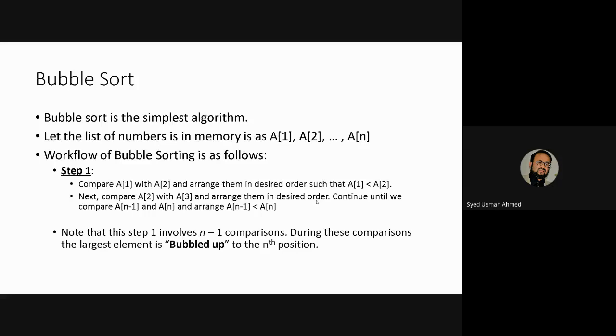Note that step 1 involves n minus 1 comparisons. During these comparisons, the largest element is bubbled up to the nth location. That's why this algorithm is called bubble sort. It moves the largest element from the left to the right position.